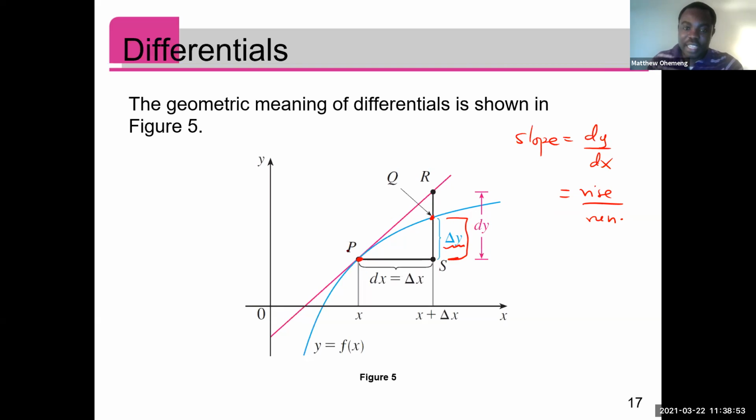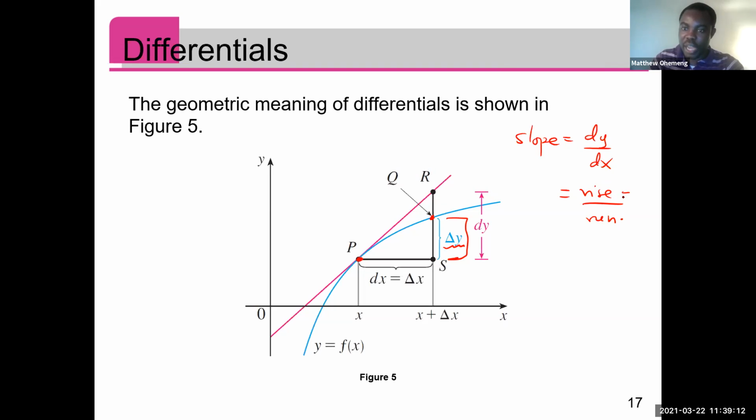Now, if you have the tangent line at this point, then the tangent line also has a dy, which is a rise, that is close to the actual change in y. Since this is rise over run, we can say the rise is dy and the run is dx.